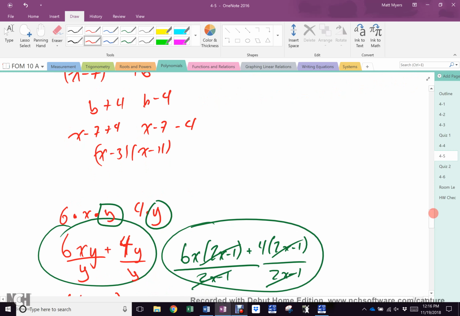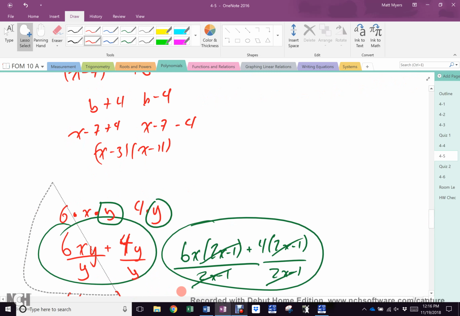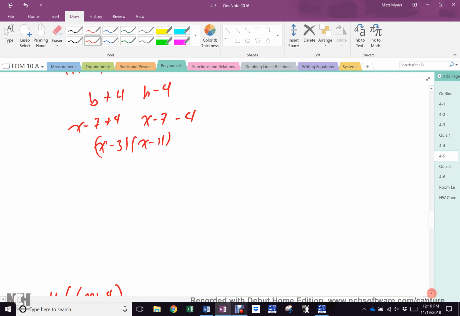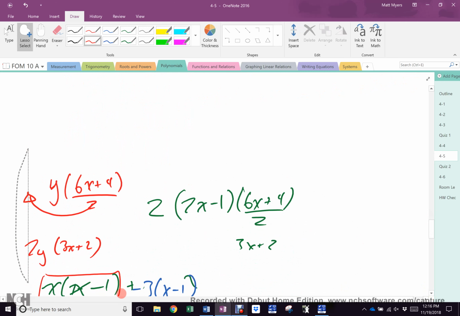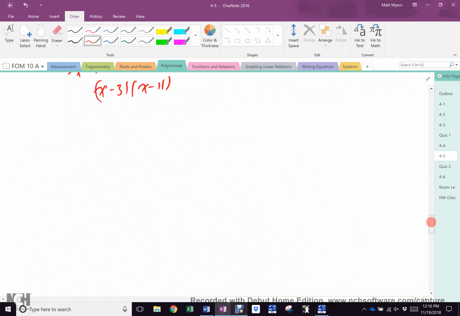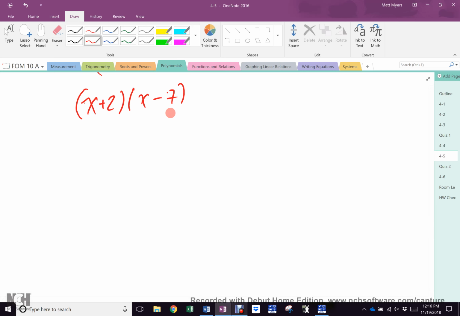And finally, the third one we have done, and the one that you need to know most to carry on to the last bit of factoring in grade 10. x plus 2, x minus 7. What would you do with that? No. You're factoring.